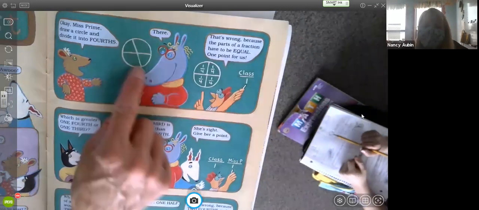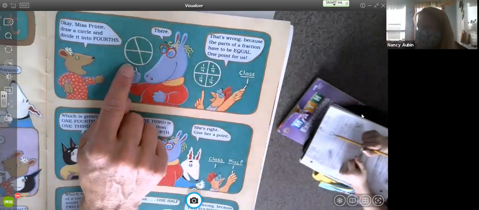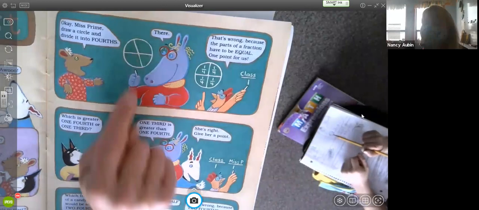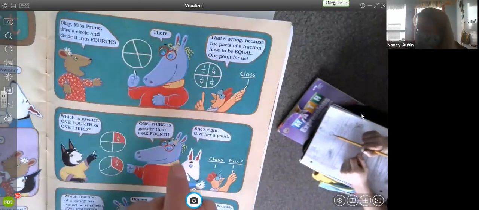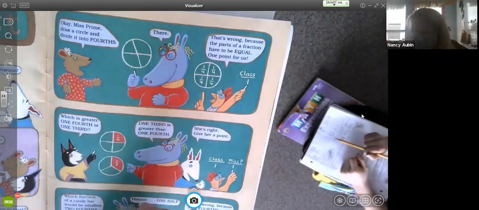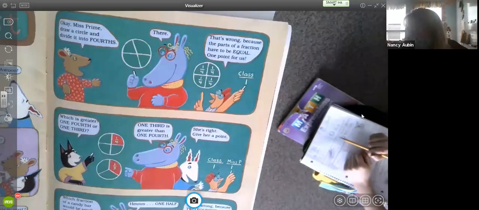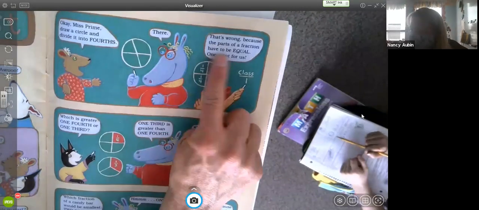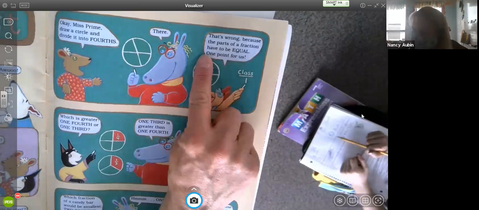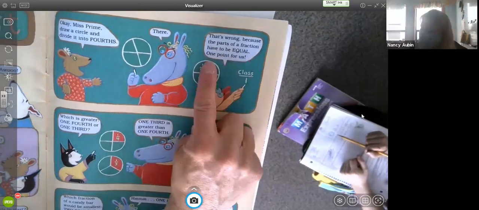There. Is that right? It has 1, 2, 3, 4 equal parts. But they're not. That's wrong because the parts of a fraction have to be equal. 1 point for us.